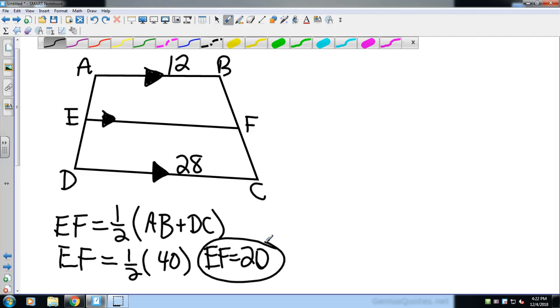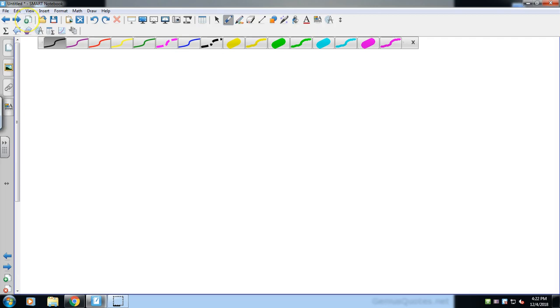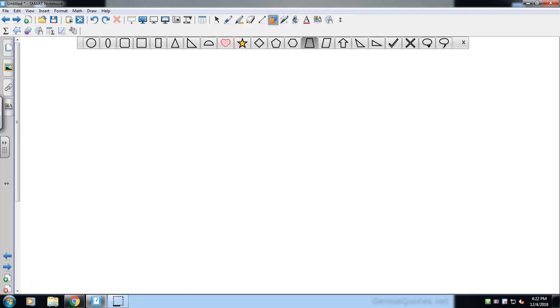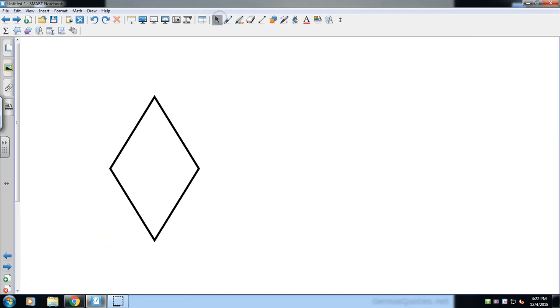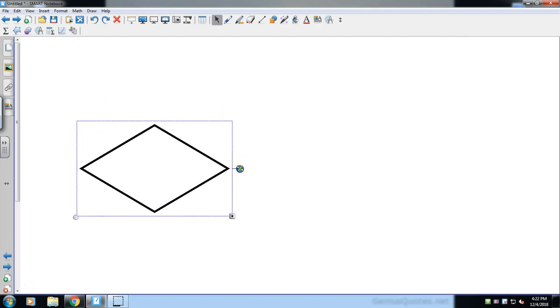Okay, so let's look at a kite. I don't know if we have a kite shape up here. We kind of do. So let's go like that, and let's rotate it so it kind of looks like that.